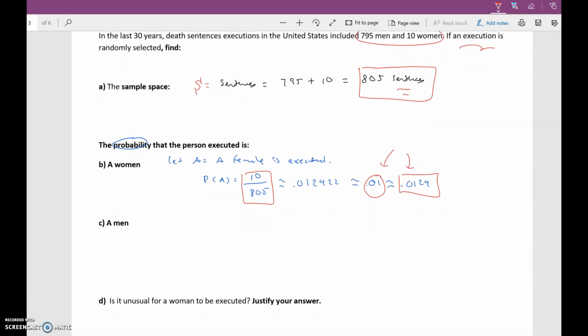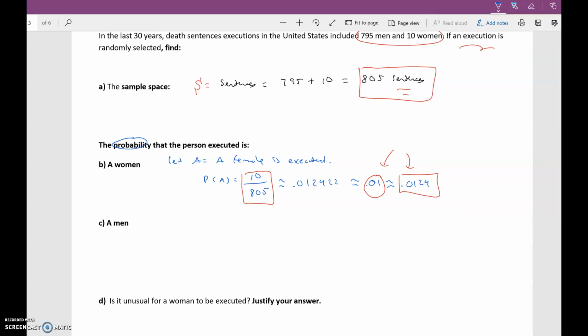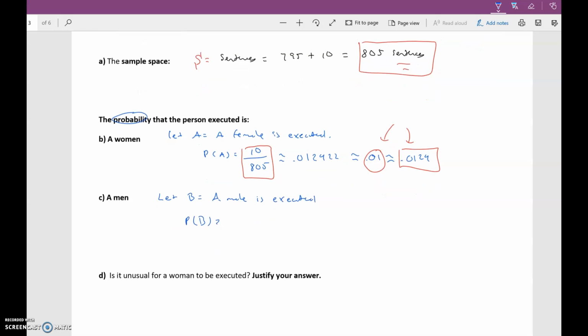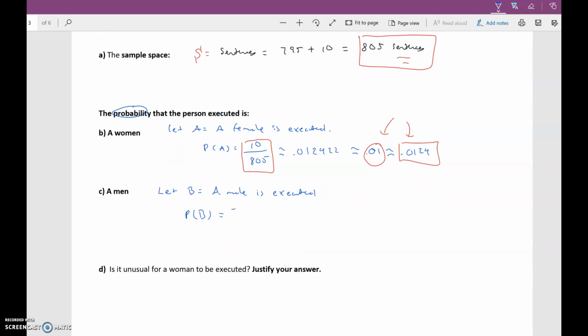So let's take a look at the next one. In this case, execution of a male. So I'm just going to say let B equal a male is executed. Now, for the probability of B, you're looking at the following. Your males were 795, so this is equal to 795 out of 805.